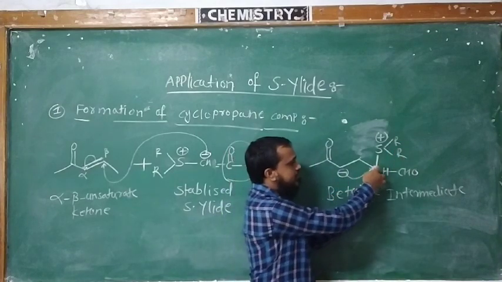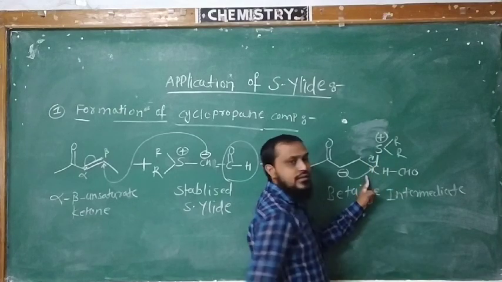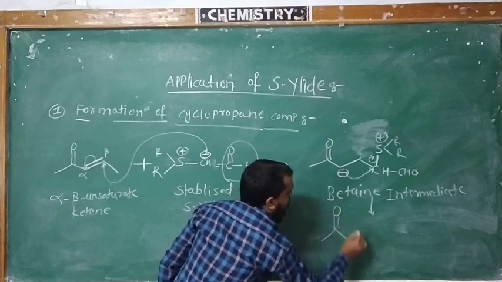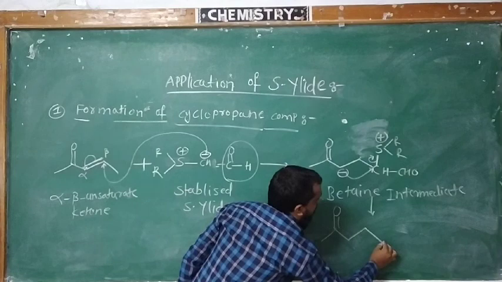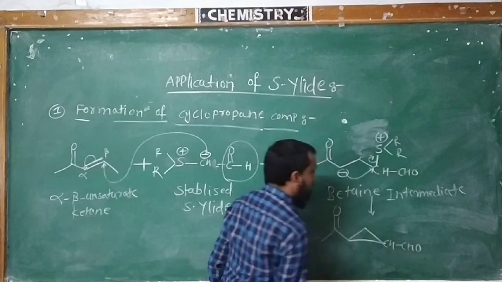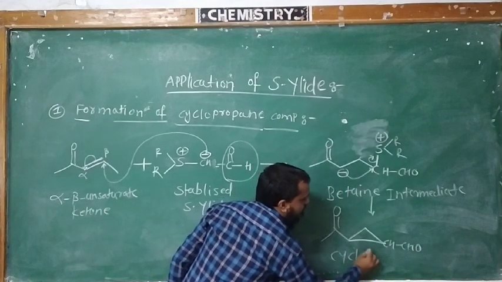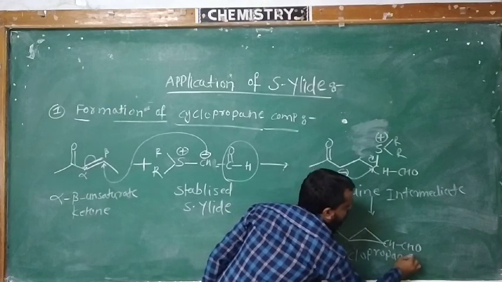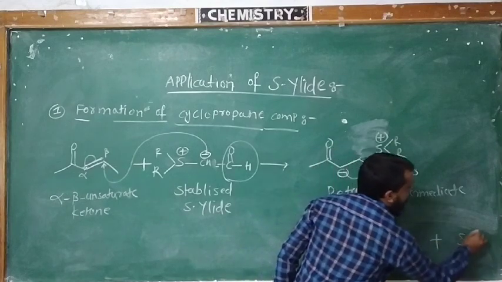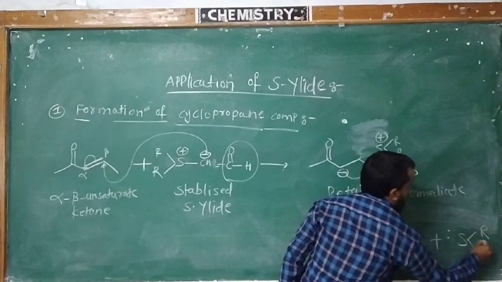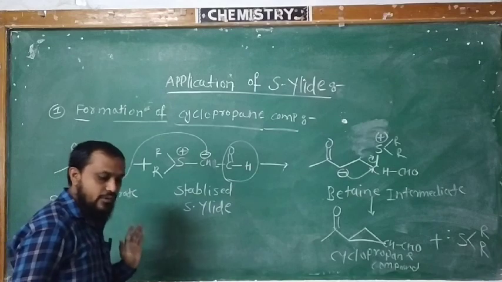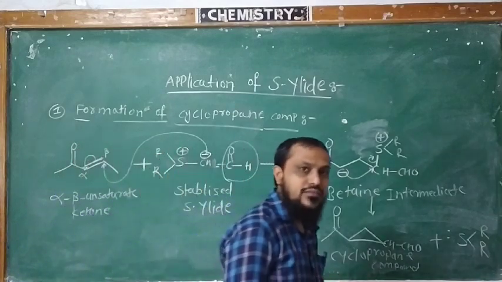This negative charge attacks this carbon atom, simultaneously dimethyl sulfide will be removed, and we will get our final product called the cyclopropane compound. And the byproduct is dimethyl sulfide. So this is all about the formation of cyclopropane compound. This is the second application of sulfur ylide.